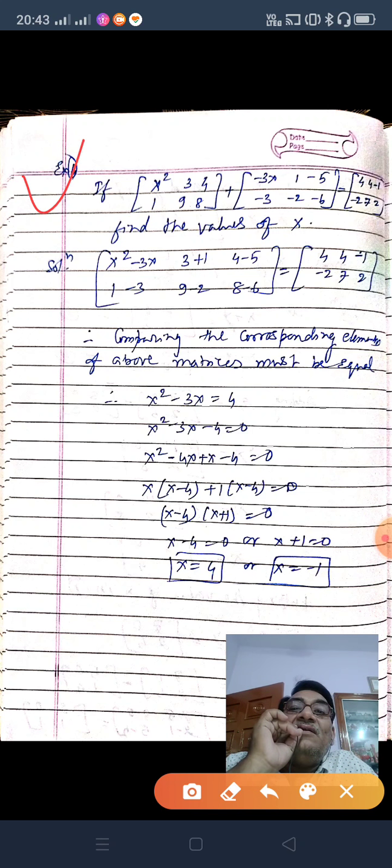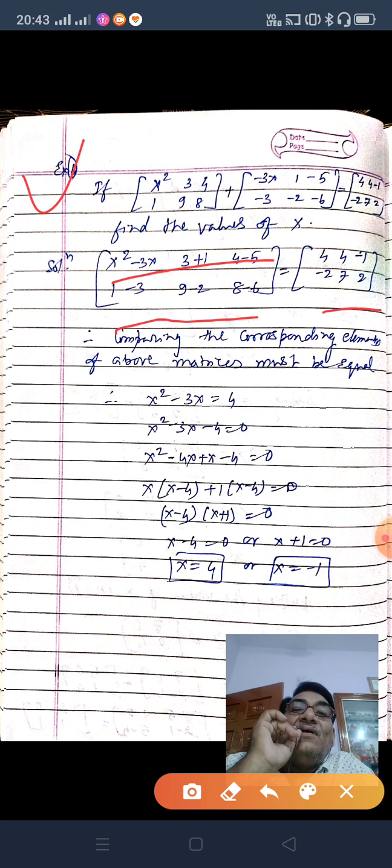When you add them, you will get x square minus 3x and 3 plus 1, 4 minus 1 and 1 minus 3, 9 minus 2, 8 minus 6, and your right side is the same: 4, 4, minus 1, 2, minus 2, 7 and 5, 7 and 2.